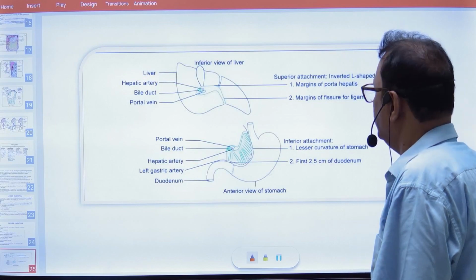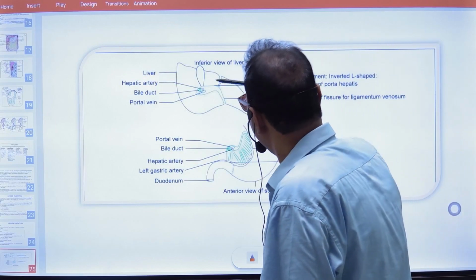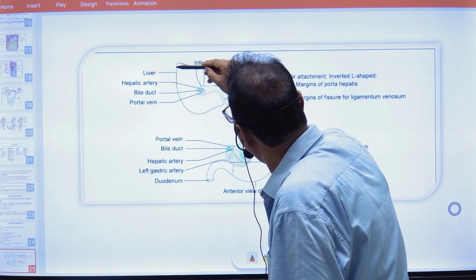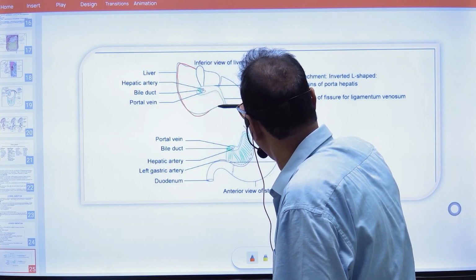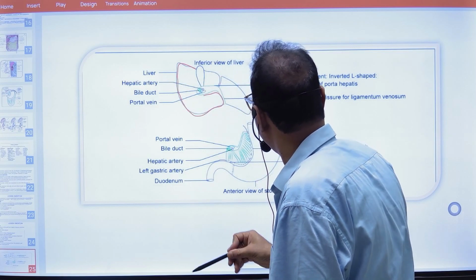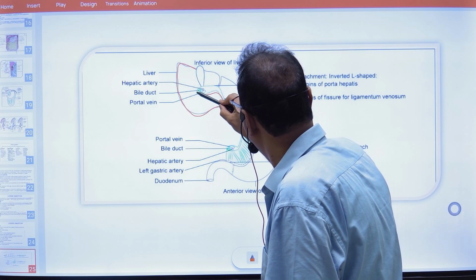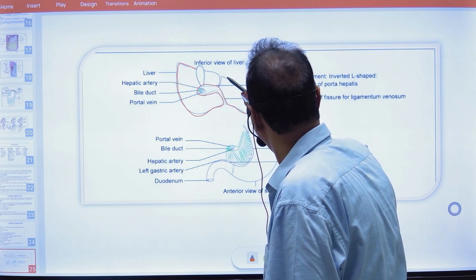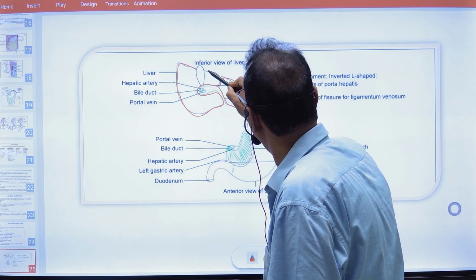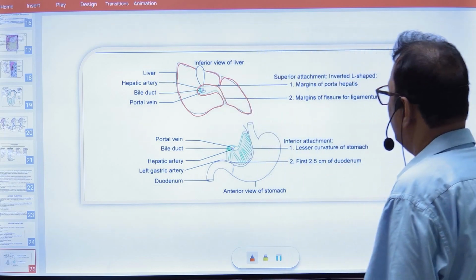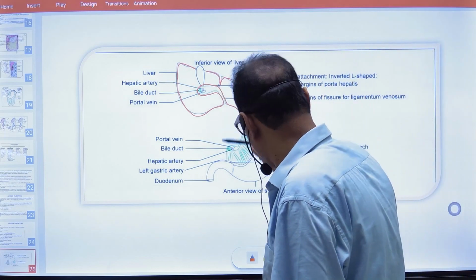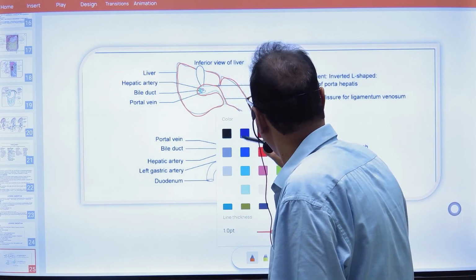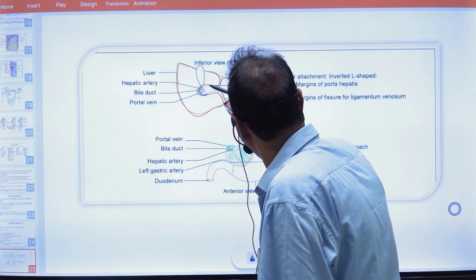Now coming to the lesser omentum. This is the diagram of the liver from the posterior inferior surface. This is the outline of the liver, and this is the porta hepatis.